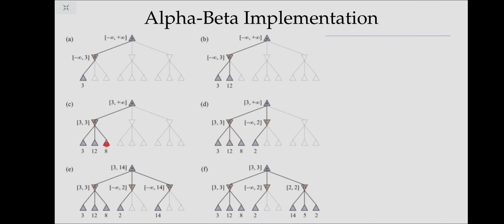The third option is 8. 8 is greater than 3 and we don't update beta, but because the minimum of the 3 children is 3, we can update the alpha value for the father. Alpha is updated to 3.